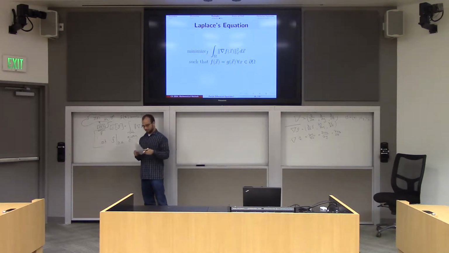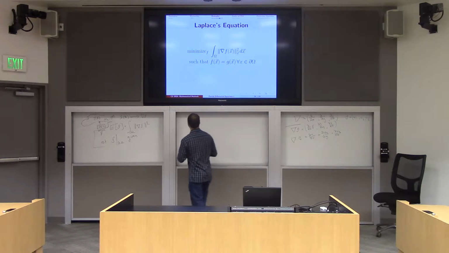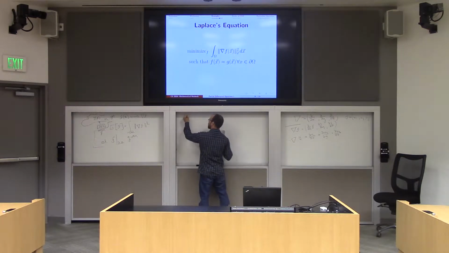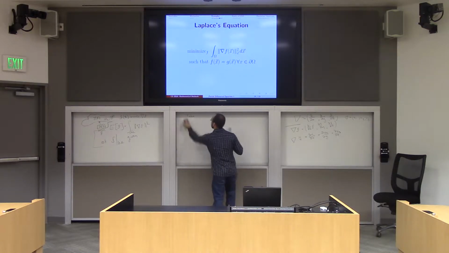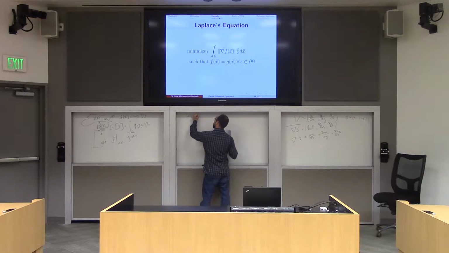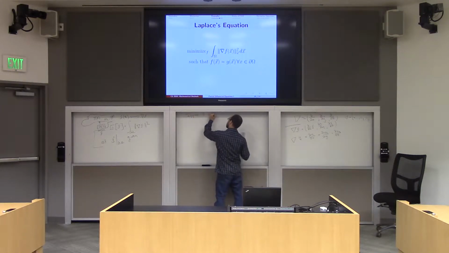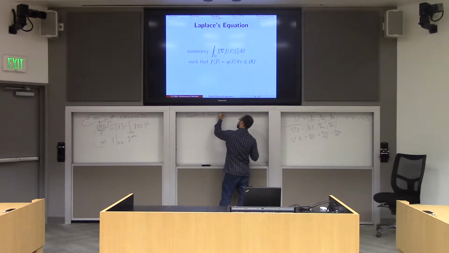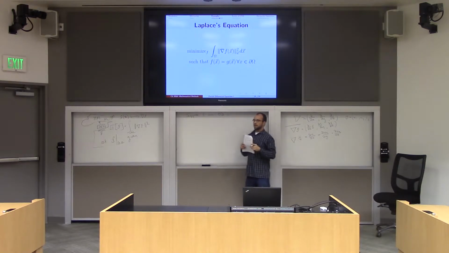Okay. So now, let's say that suppose that f minimizes E of f. And now, we're going to take some function h on omega.